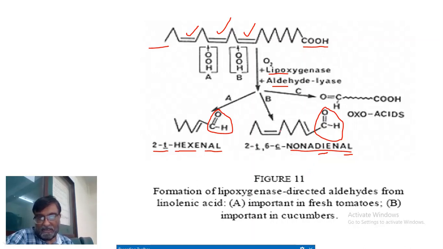This is a 9 carbon chain, and there are two double bonds, at the second position and at the sixth position. The second position is a trans type of double bond, and at the sixth position, it's a cis type of double bond.